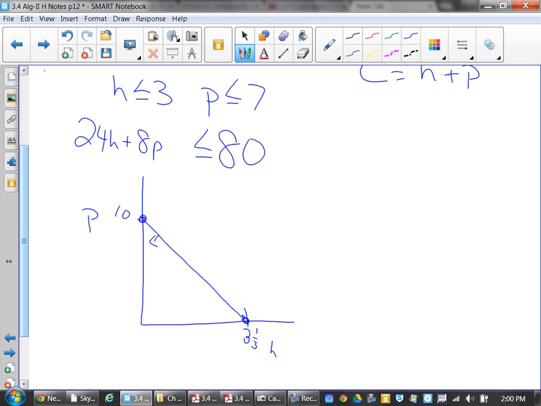And it's working inward. My other 2 constraints are horizontal and vertical. I just put those through. I have a vertical value at 3, a horizontal value at 7, and they're both working inward, which gives me 2 more sets of ordered pairs here and here.